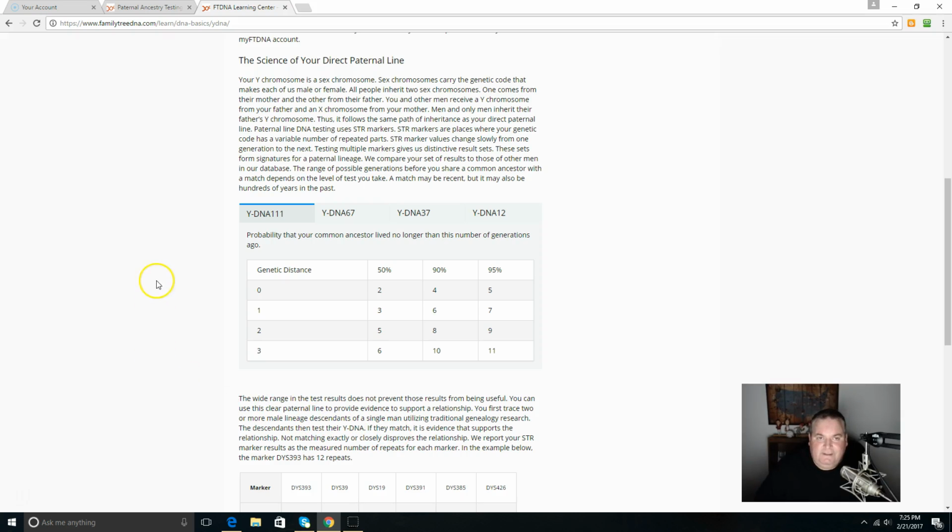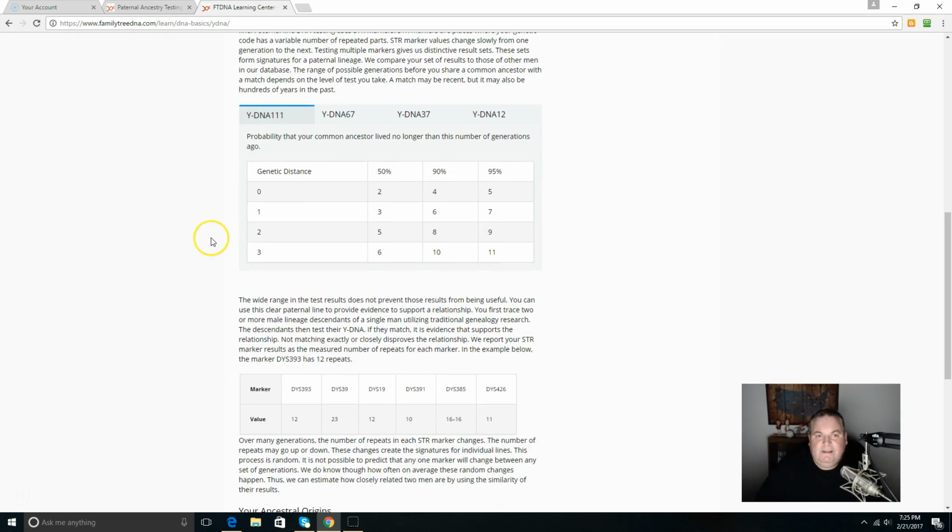Now, here's another interesting guide here. For your Y-DNA 111 marker test, if you match the person at what they call a zero genetic distance, there's a 95% chance, as you see here on the screen, that you have a common ancestor within the last 5 generations.